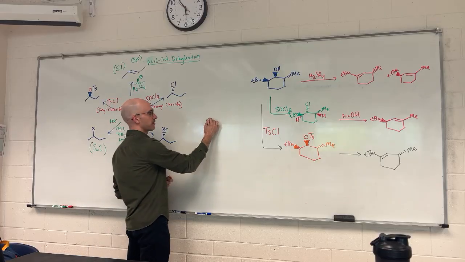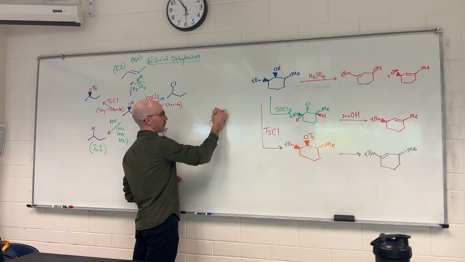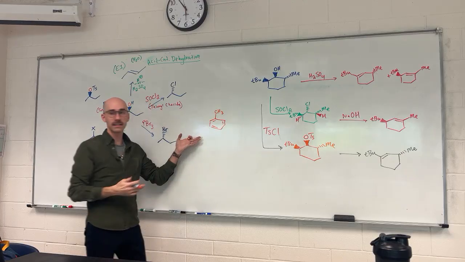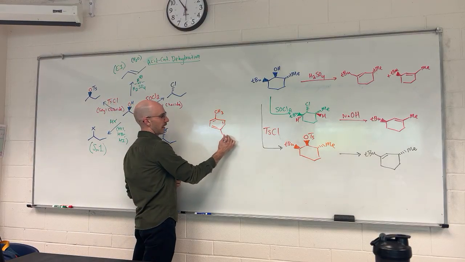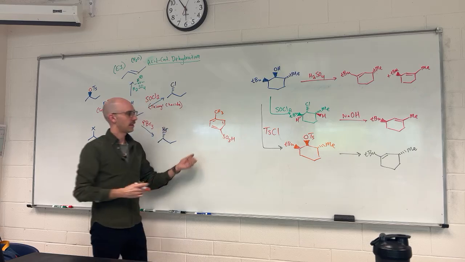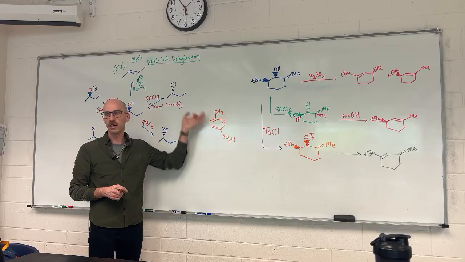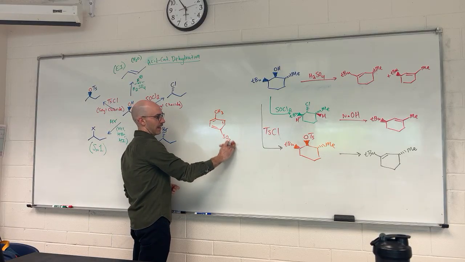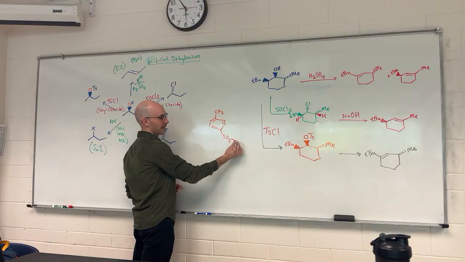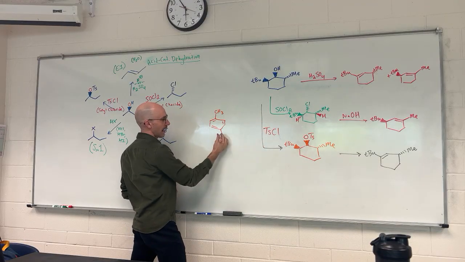Yeah. So the structure is an aromatic ring with a methyl group. That is called toluene. But it also has a sulfonyl group, and toluene sulfonyl becomes tosyl.